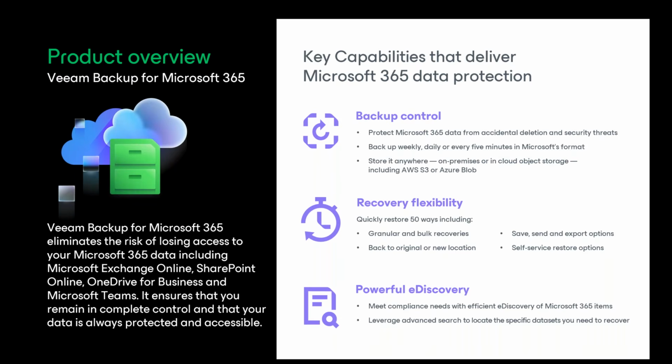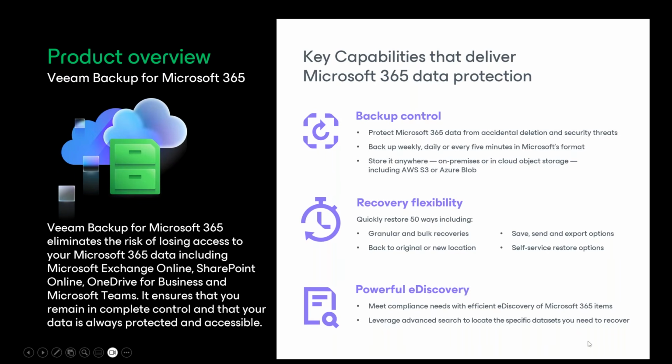So a lot of flexibility when it comes to those backup controls. Also, we are storage agnostic here at Veeam. You can store anywhere, whether that be on premises or in the cloud or utilizing any object storage. This is, of course, going to include AWS S3, Azure Blob, or any of those on-prem S3 compatible devices as well.